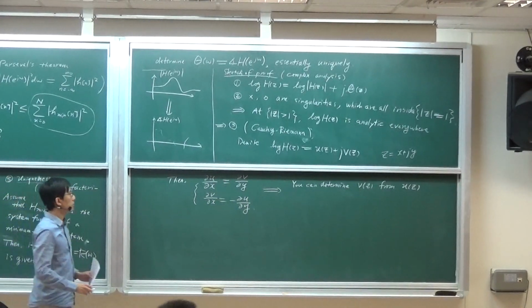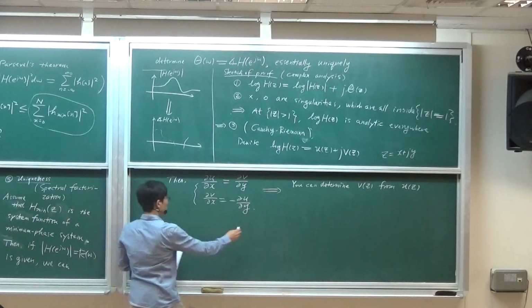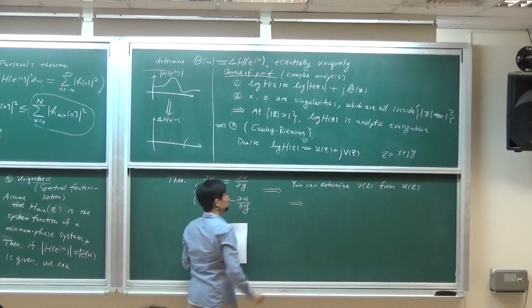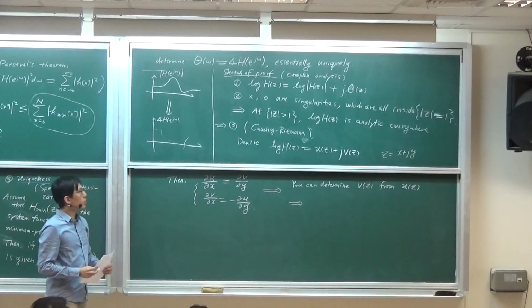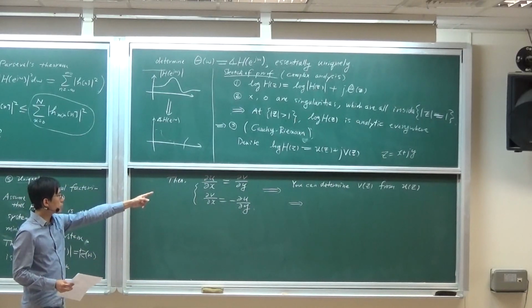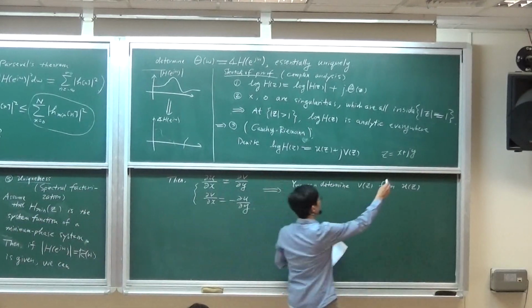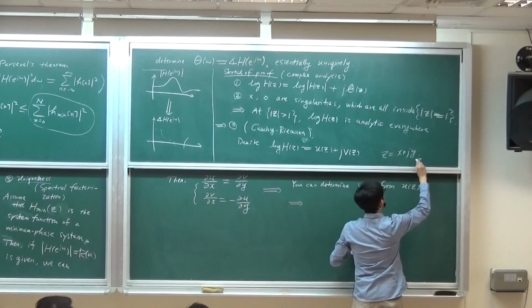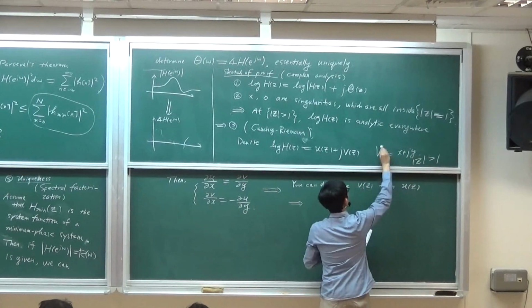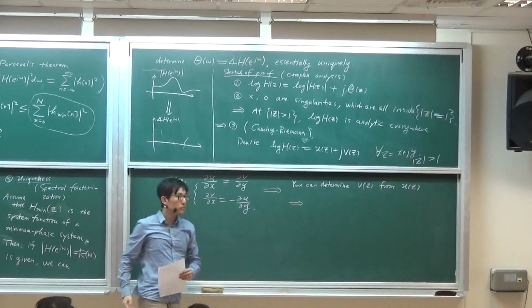So now we are reaching a conclusion. Therefore, v(z) is the imaginary part and u(z) is the real part for any z outside the unit circle.